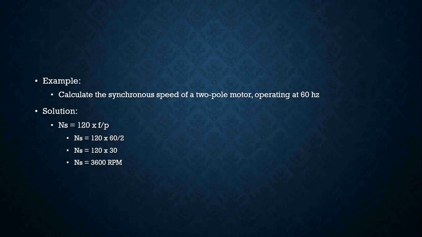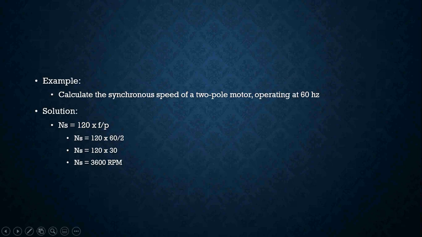Now remember, as long as we have at least 2 variables, we can always figure out the third. But in this case, we actually have 3. So, we're going to plug in those numbers. We have 120 times 60 divided by 2.